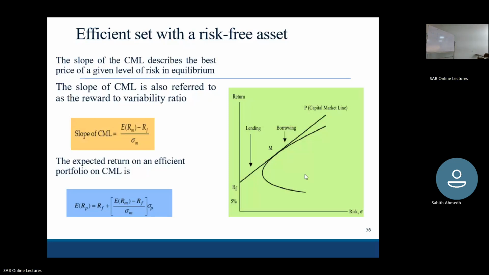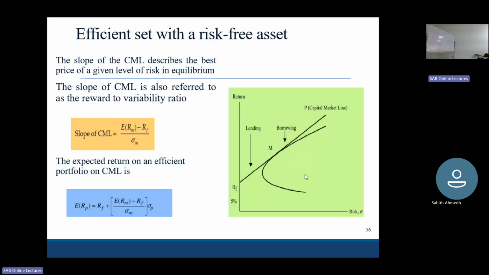Because in the borrowing portfolios, suppose you have 100,000. What are you going to do? You invest your 100,000 in the market portfolio, and in addition, you borrow some money at the risk-free rate and also invest it in the risky market portfolio. That is the meaning.